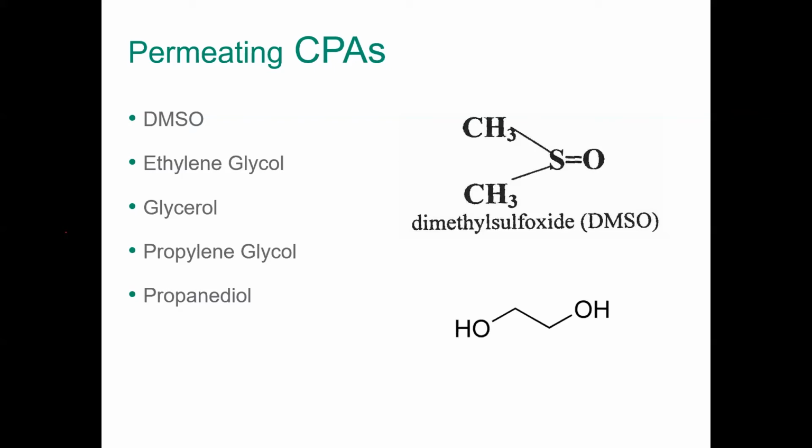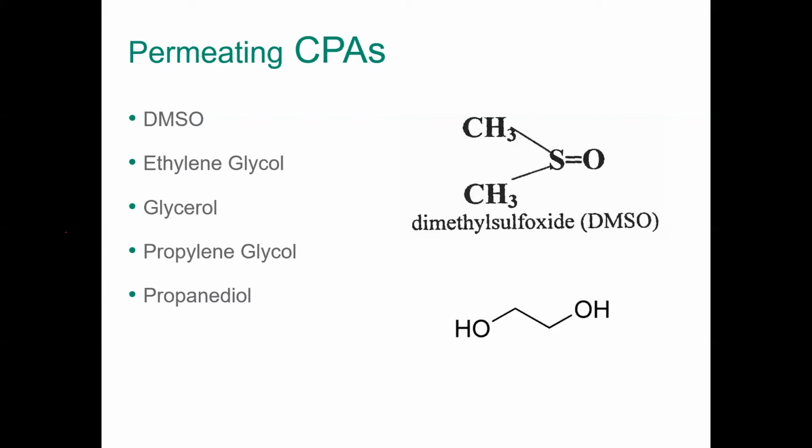The permeating cryoprotectants are the main cytotoxic components in the vitrification solution, because they are able to enter the cells, and their interaction intracellularly is what sometimes causes cryo injury and cytotoxicity.